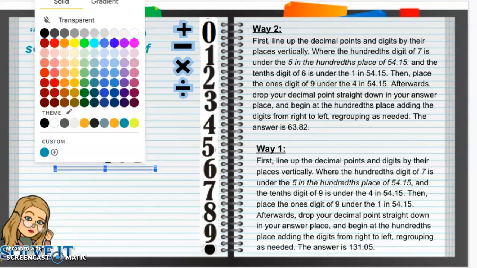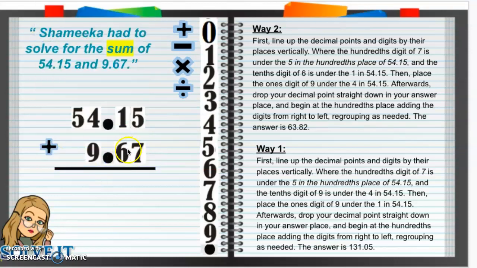All right, so what we're going to do now is add. So 5 plus 7 is going to give you 12. So we're going to put this 2 down here and carry that 1. 6 plus 1 is 7, plus another 1 is 8. What do we do with that decimal?